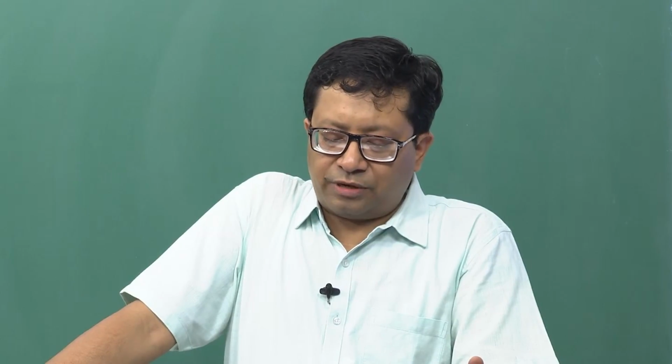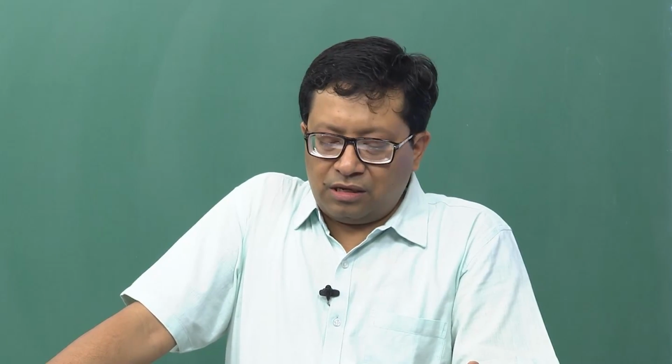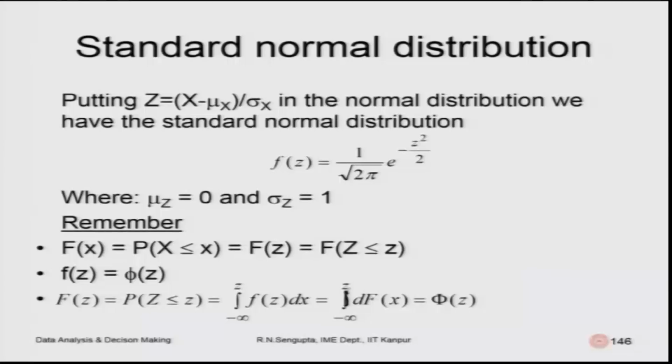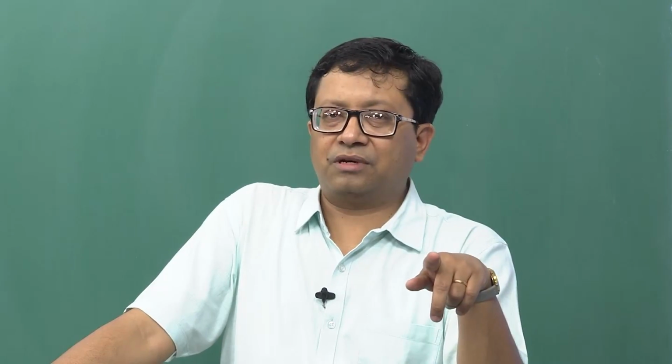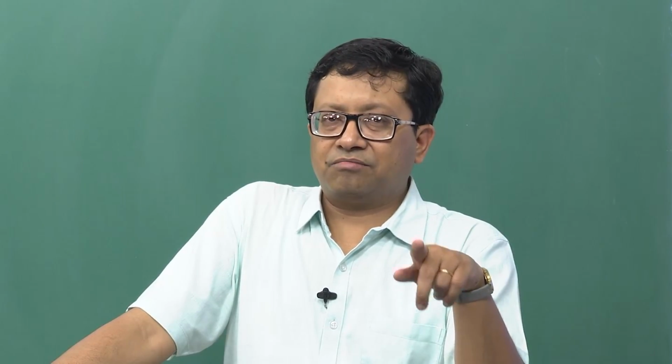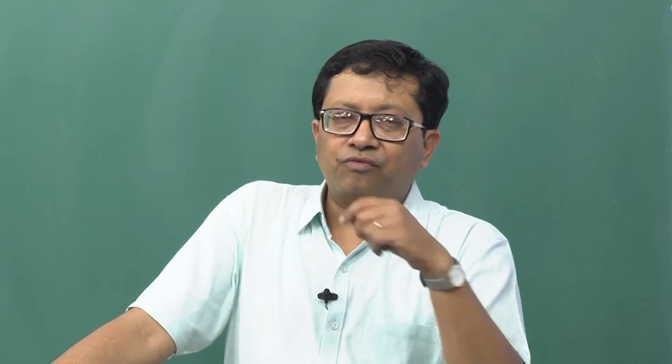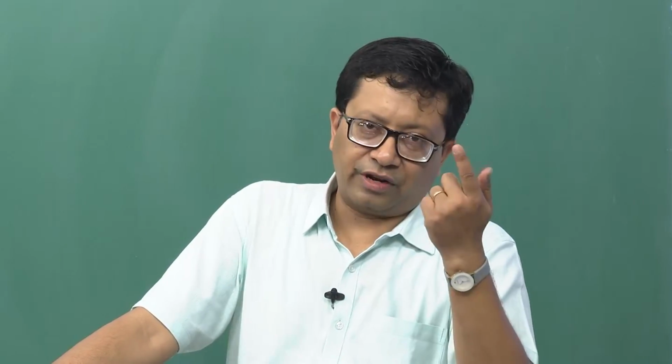Putting z equal to x minus mu divided by sigma, we will have the standard normal, but in this case the corresponding standard normal distribution would have not mu as the mean, but 0 as the mean value, and it will not have sigma square as the variance, it will have 1 as the variance of that z, for which obviously the standard deviation value would also be 1.